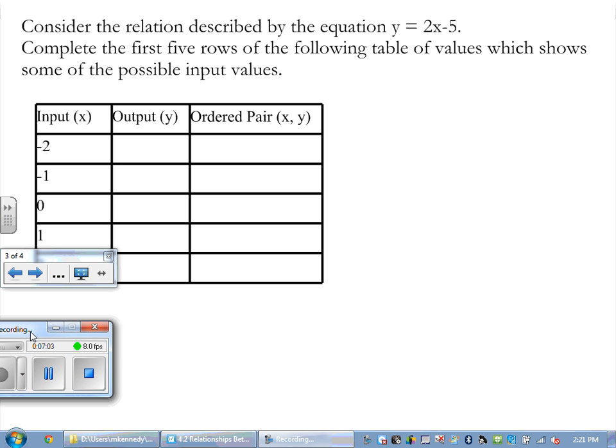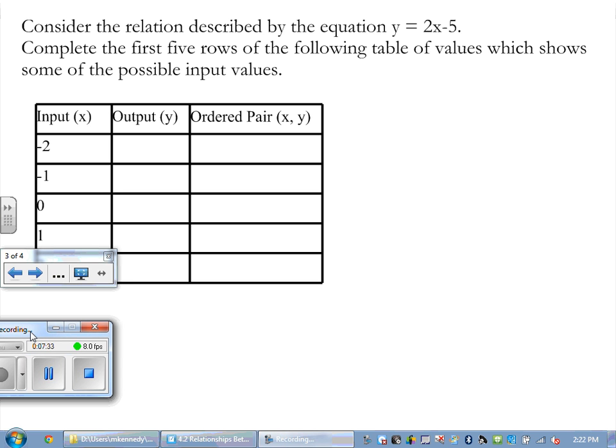So y is equal to 2 times the first input, negative 2, and then minus 5. Always put brackets on your input. This should give you y is equal to negative 4 minus 5. Y is equal to negative 9. So that would go right here, my output.